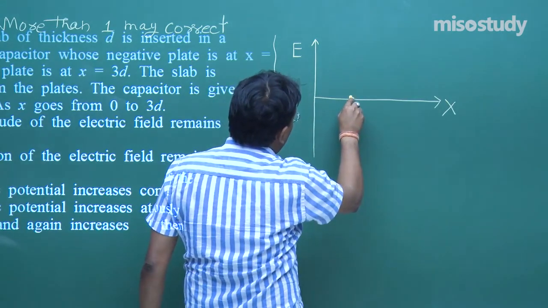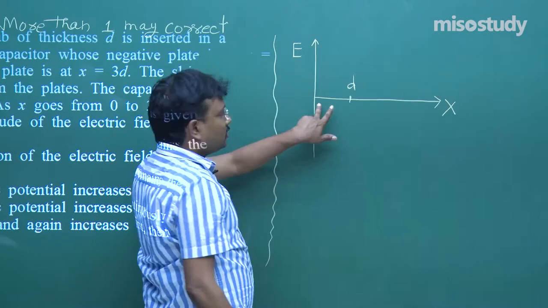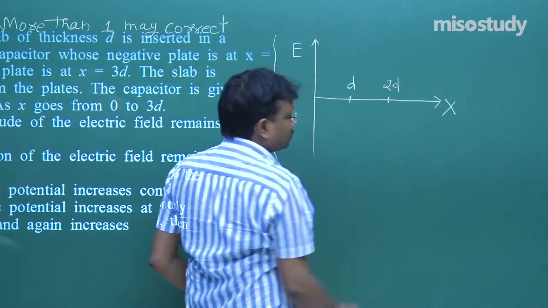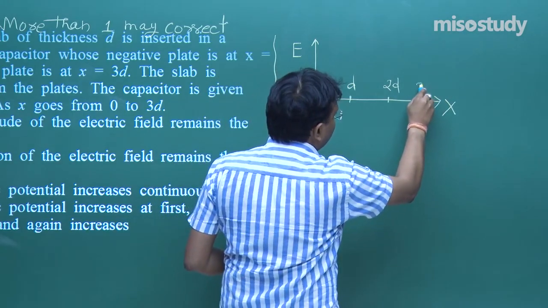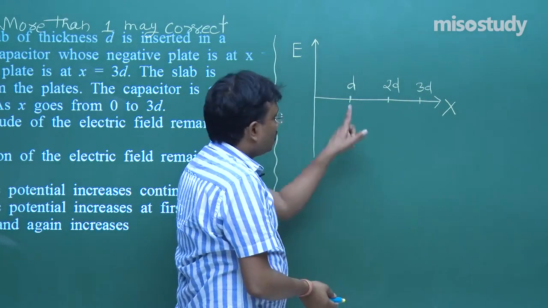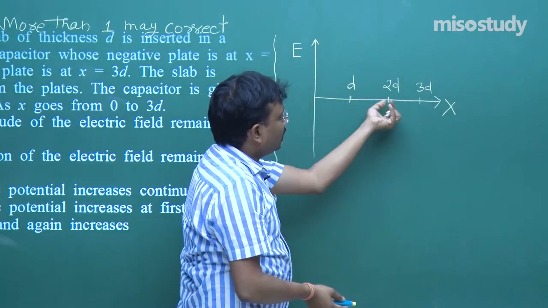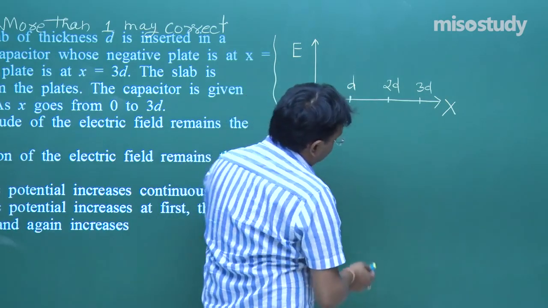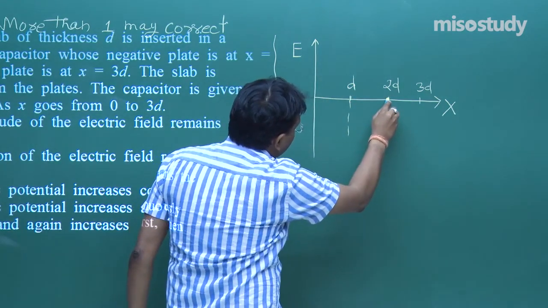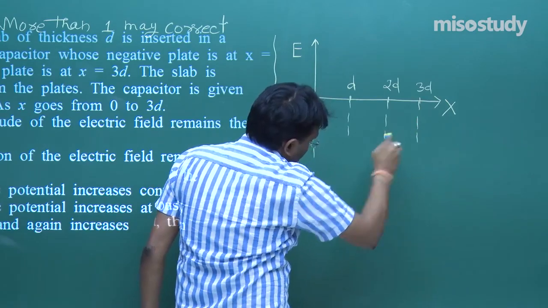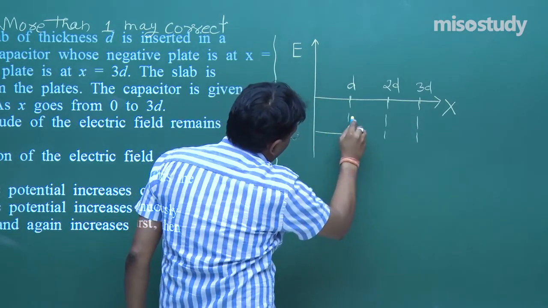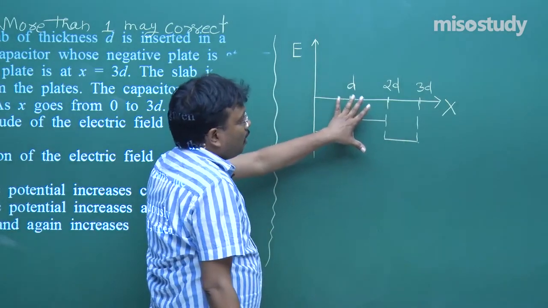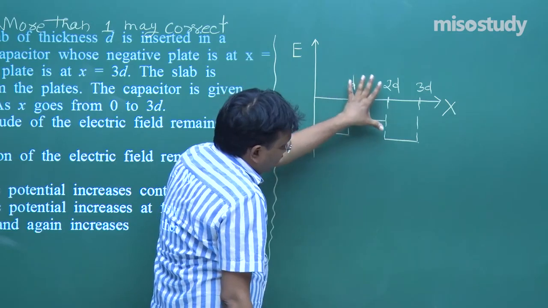What is that situation? It is 0, then D, then 2D, and then at equal spacing it is 3D. So 0 to D, D to 2D, 2D to 3D, that is again D. So this interval is D, D and D. This is one way of saying about the electric field.